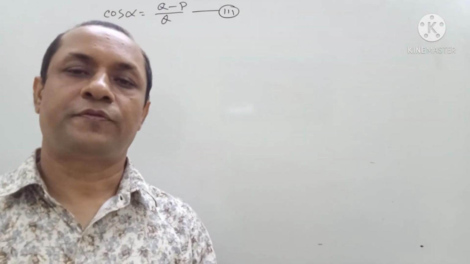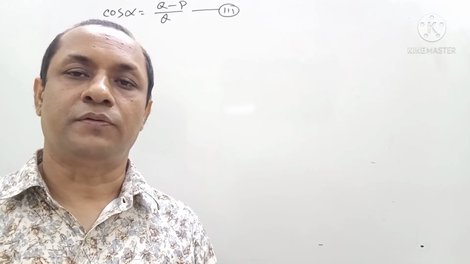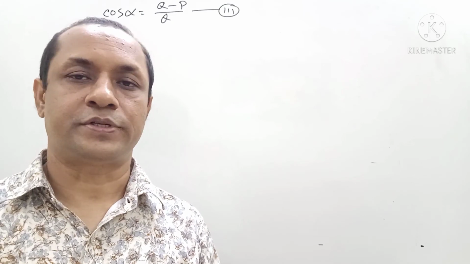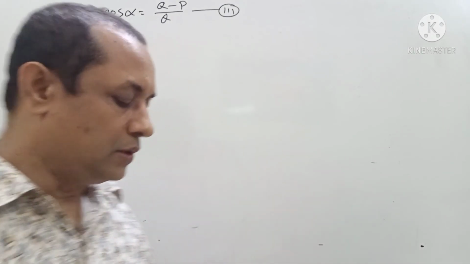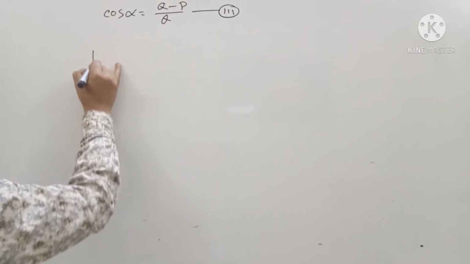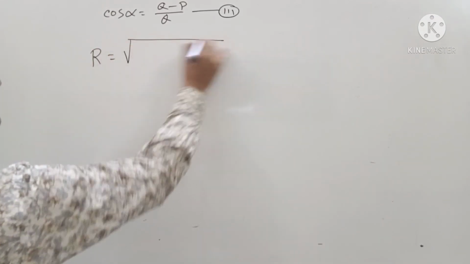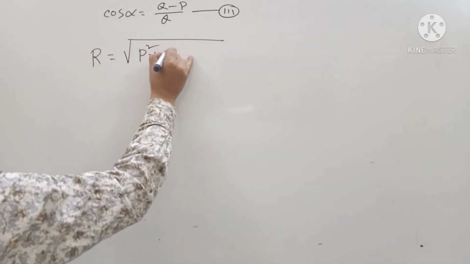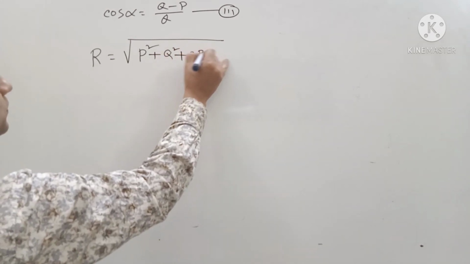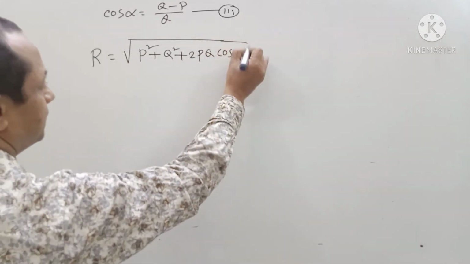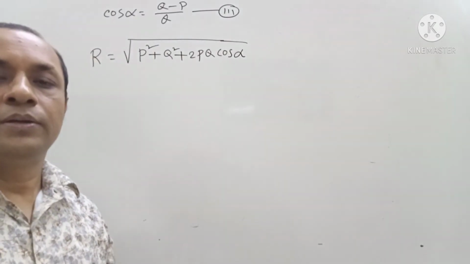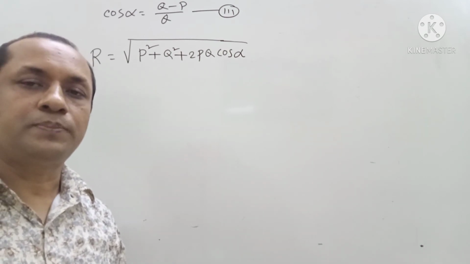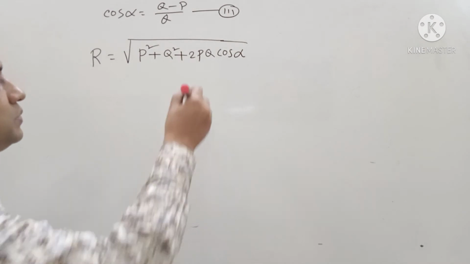Now students, find the magnitude of the resultant force R. By the parallelogram law of forces, we know that R equals root over P square plus Q square plus 2PQ cos alpha.